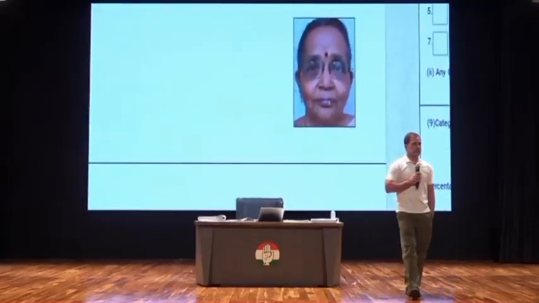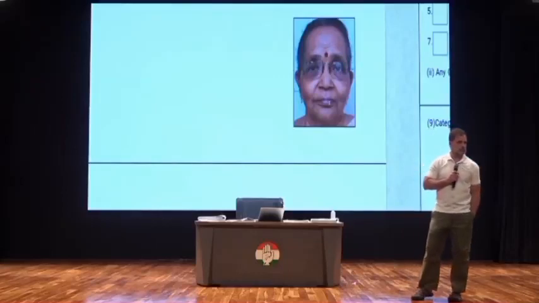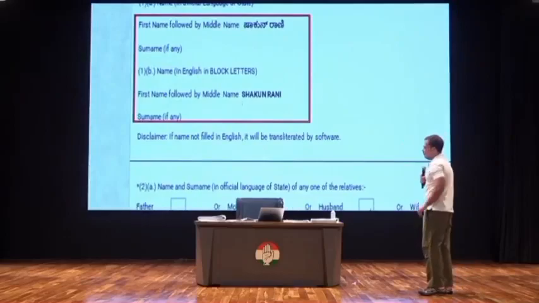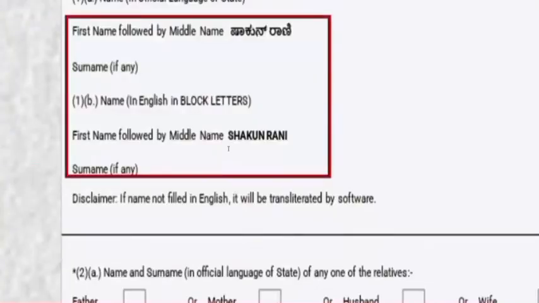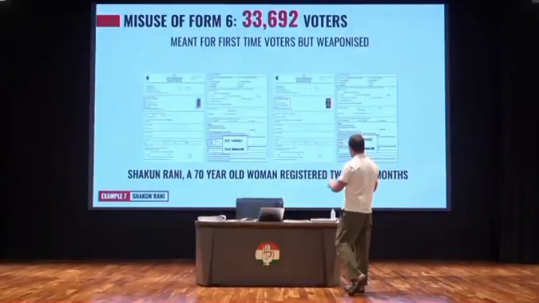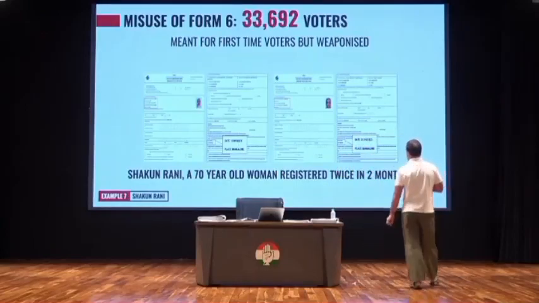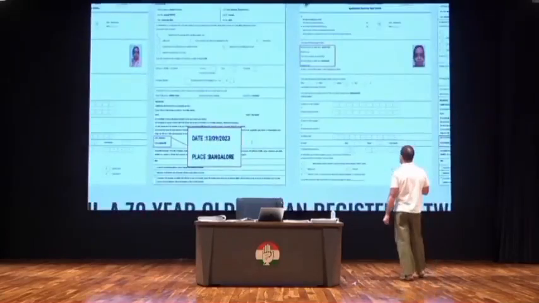So this is essentially a zoomed in picture that they've taken. And this is now suddenly a new voter. Go back. Now she has no surname, but her first name is Shakun Rani. Right?